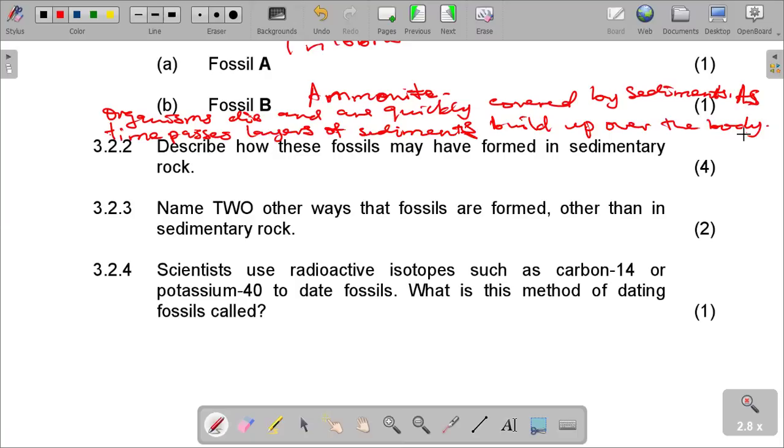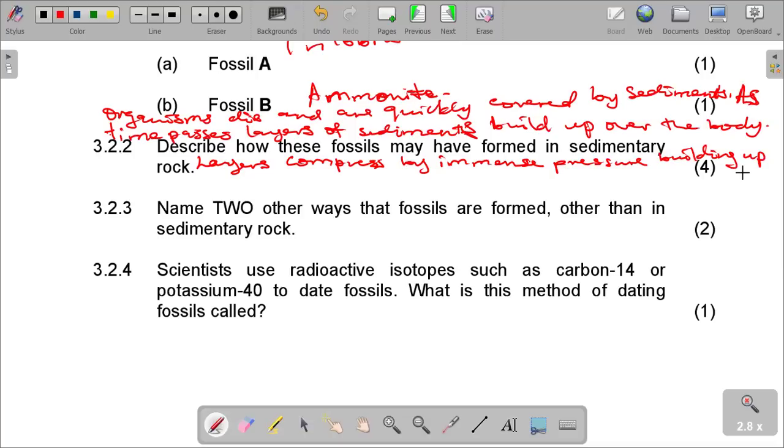The layers compress by immense pressure building up.